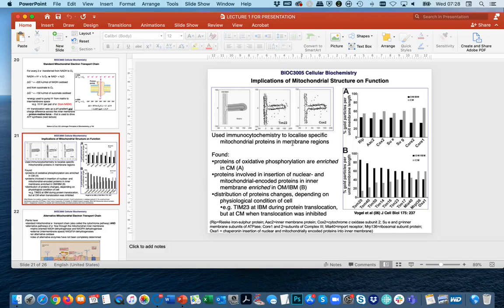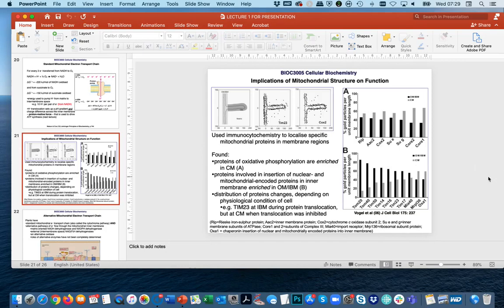They found, on the other hand, that proteins involved in the insertion of nuclear and mitochondrial encoded proteins into the inner mitochondrial membrane, shown in graph B on the right-hand side of the slide, were not enriched in the cristae, except for a mitochondrial ribosomal protein and also a chaperone protein.